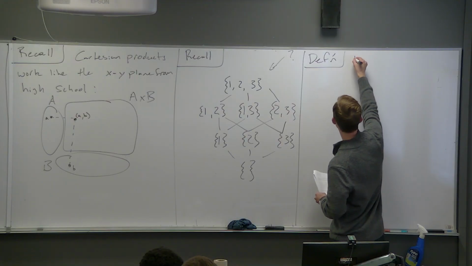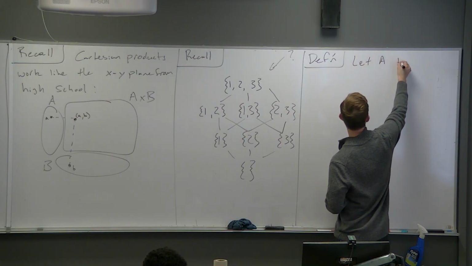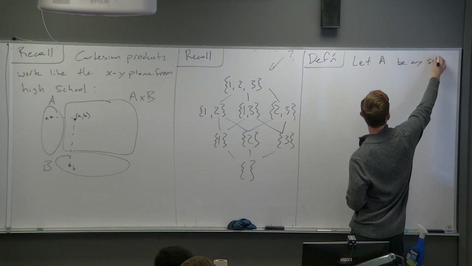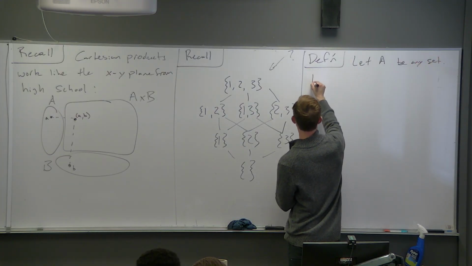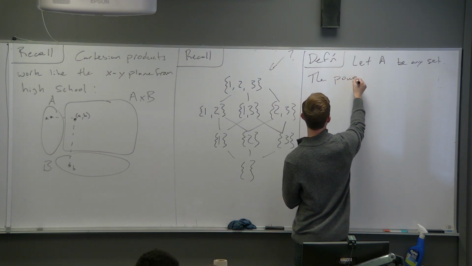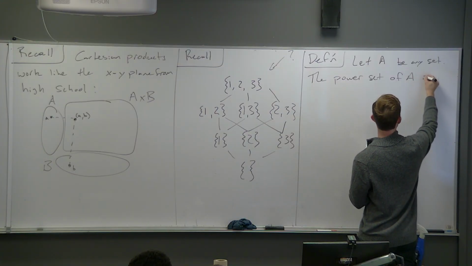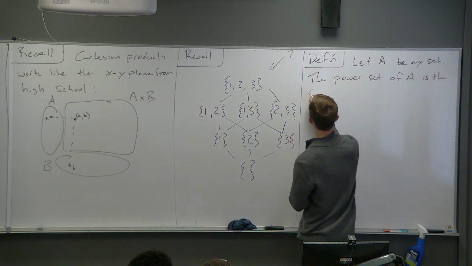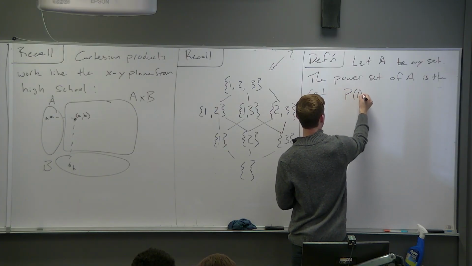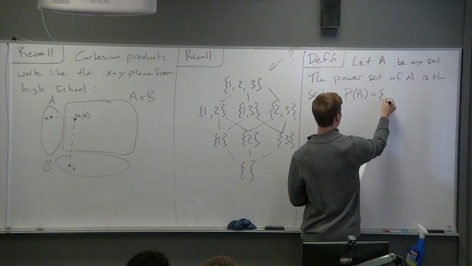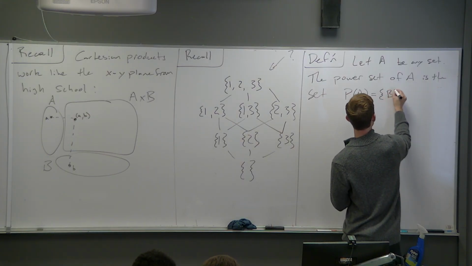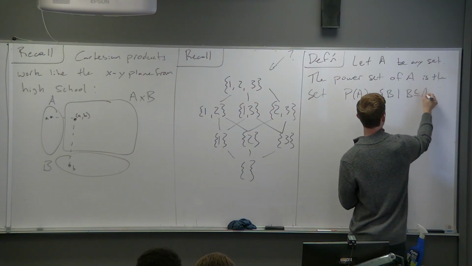So here's the definition. Let A be any set. The power set of A is the set P(A), which is defined to be {B : B is contained in A}.